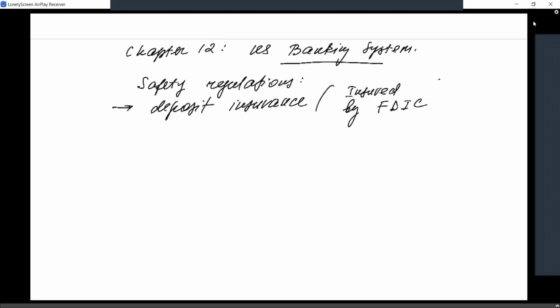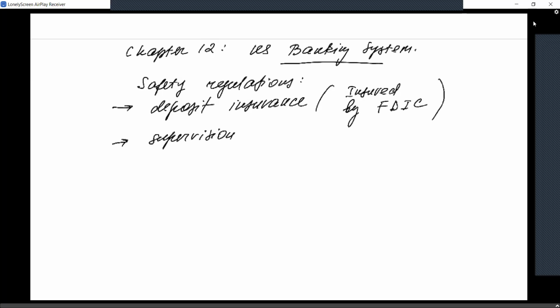And FDIC stands for Federal Deposit Insurance Corporation. If you see this plaque, if you know that the bank you are dealing with insures every deposit, then it doesn't matter whether it's a state bank or a national bank. The deposit insurance guarantees your money will be safe.